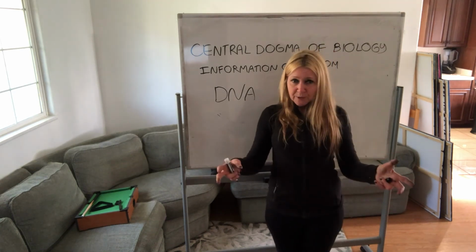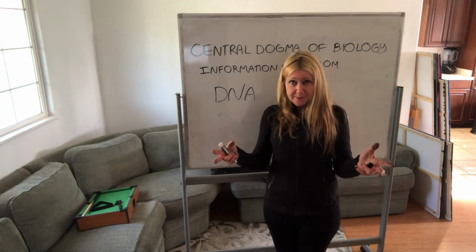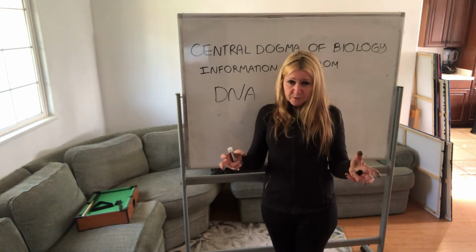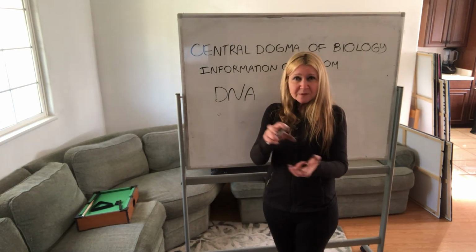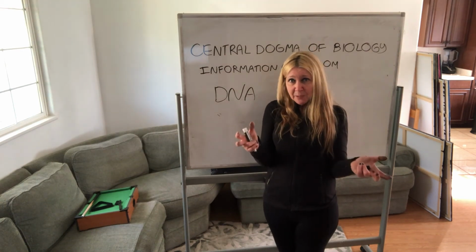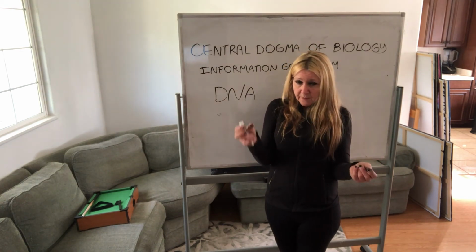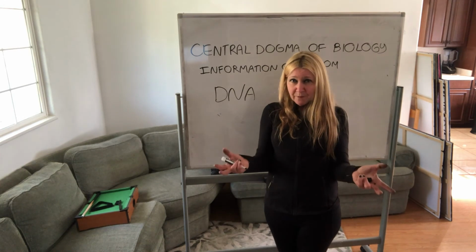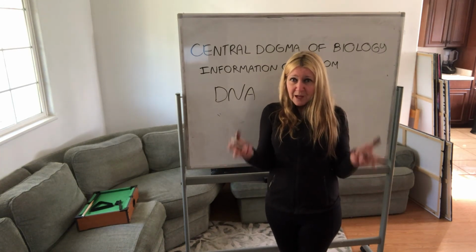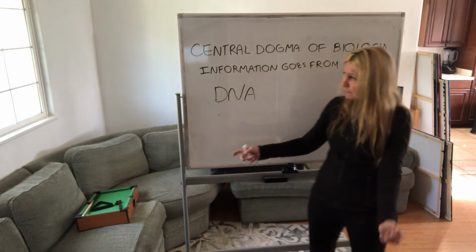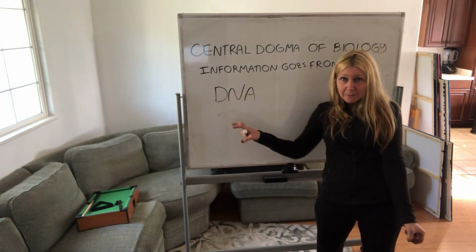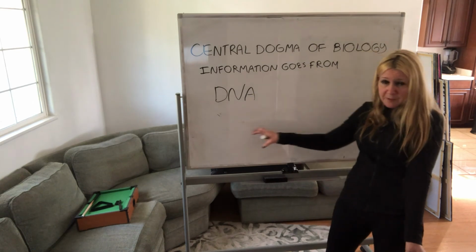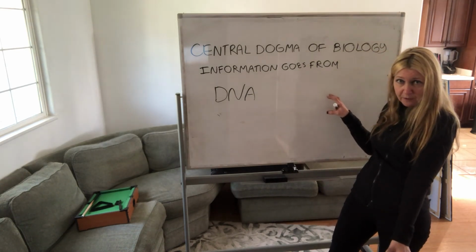There's a mutation that causes sickle cell anemia. So the red blood cells are deformed, and they can't carry hemoglobin very well. And that causes a lot of problems for people that have this disease. They can't get oxygen. But it's all due to just a mistake in the DNA, which programmed a mistake in the proteins eventually.